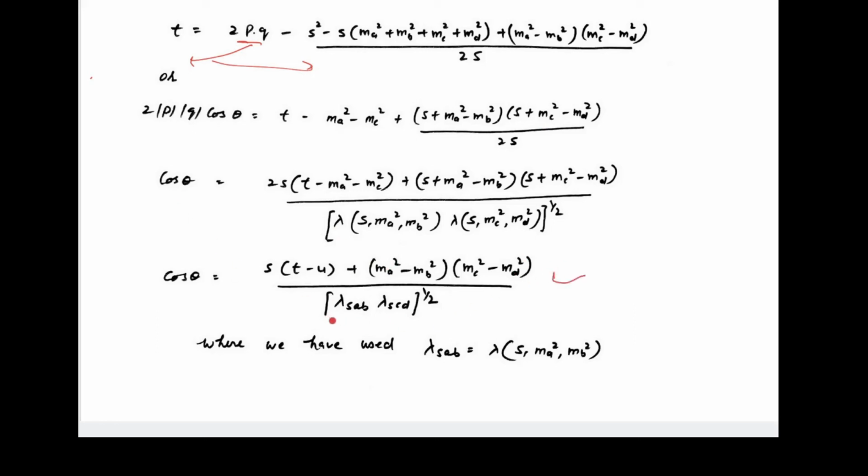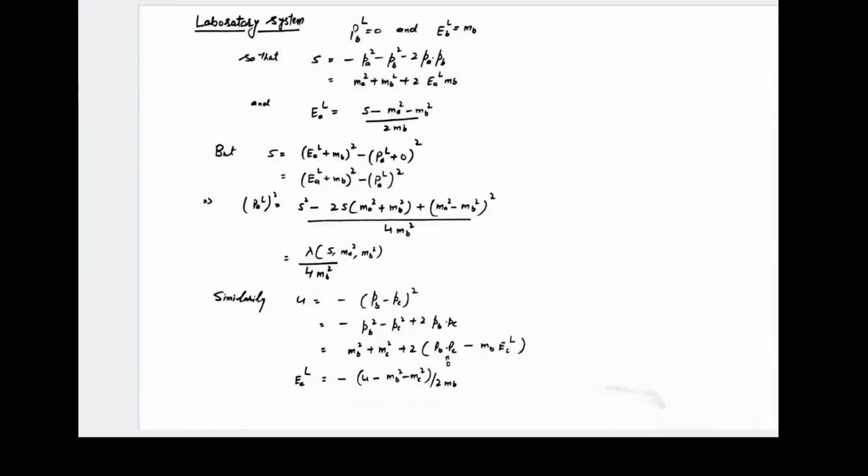We have introduced lambda SAB, which is equal to lambda, a function of S, MA square and MB square. Lambda SCD is a function of S, MC square and MD square. So we are able to write theta in terms of S, T and U and the rest masses of A, B, C and D.